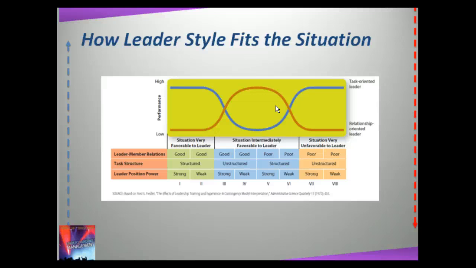So these people really thrive on being able to have order. And so they're really process oriented. As long as it's spelled out, they're really good. So a strong leader will define task structure and establish authority over subordinates. Because leader member relations are poor anyway, a strong task orientation will really make no difference in the leader's popularity.